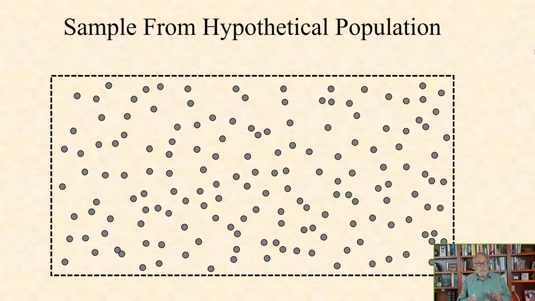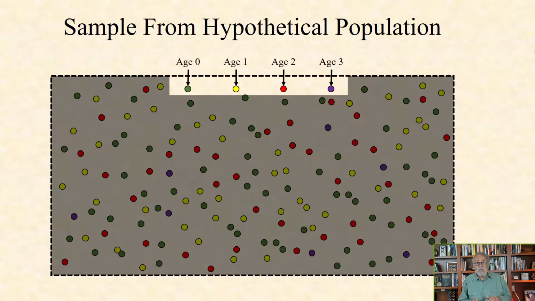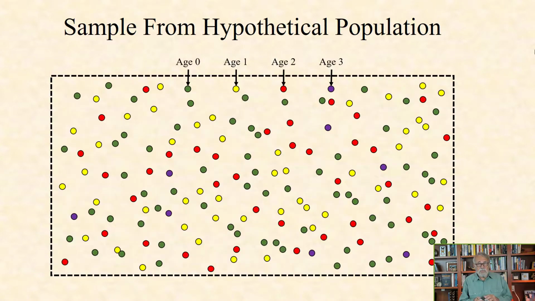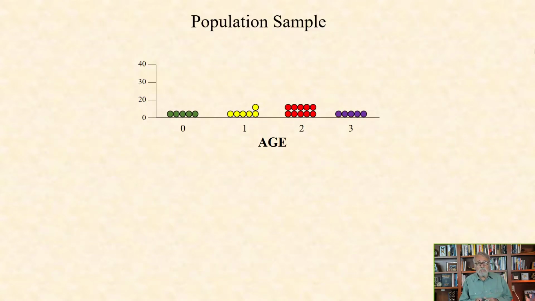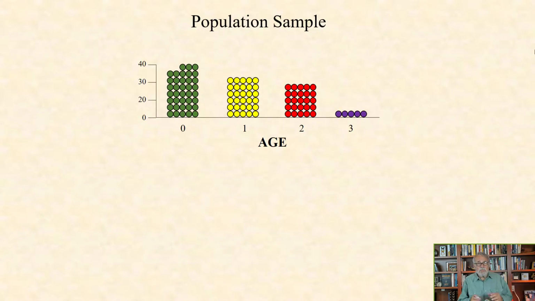An age structure exists in this population with individuals' ages color-coded so that we see that we have ages 0, 1, 2, and 3 with these different color codes. Let's sample 100 individuals according to their proportion in the population. We see that there's 40, 30, 25, and 5 in the age classes 0, 1, 2, and 3, respectively.